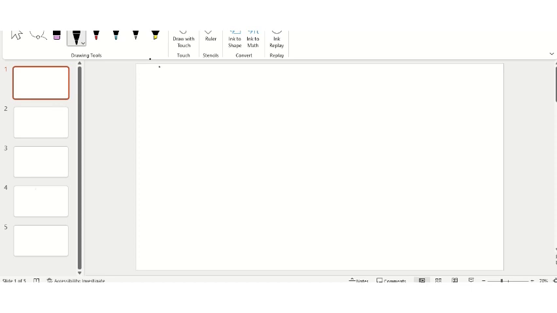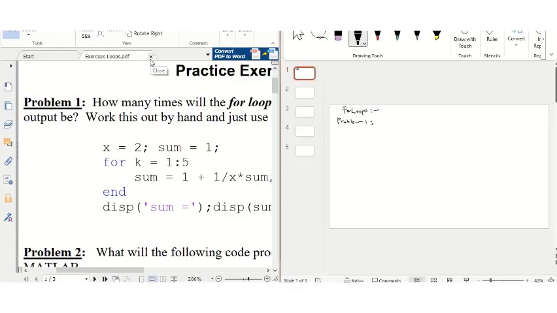For loops, problem 1. x is equal to 2, sum is equal to 1.